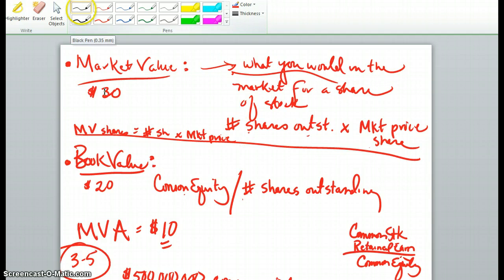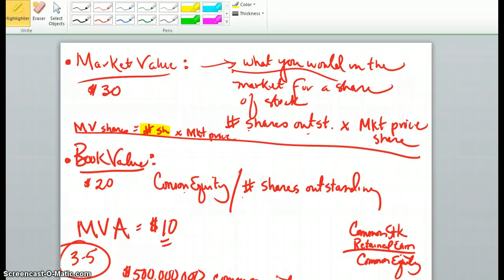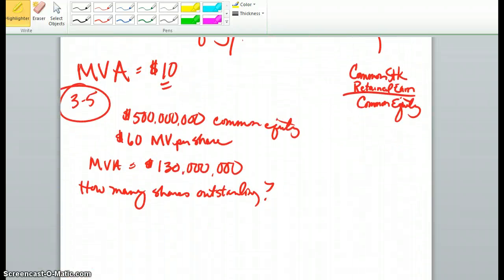And they're telling me you have this and this, but you don't have the number of shares. And for the book value, the formula works the same way.